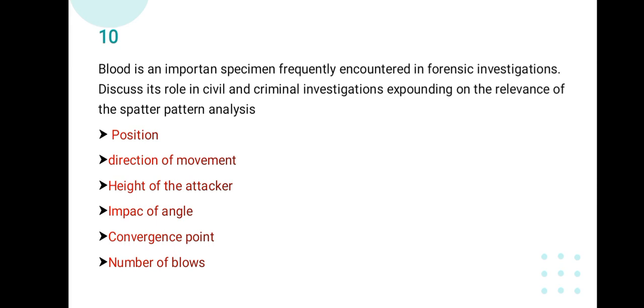We also have the direction of movement, checking the pattern of the blood spatter. You can also get the height of the attacker, the angle of impact, convergence points, number of blows, and many other details that can be obtained from spatter pattern analysis. Those are some of the questions.